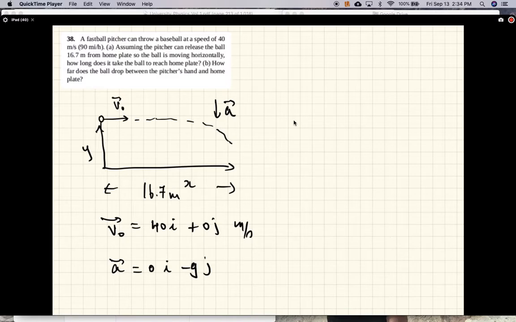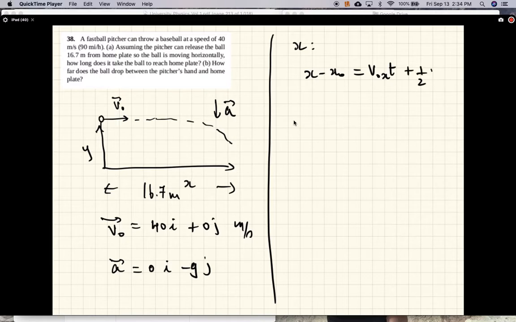Alright, so in this problem, let's look at the x motion. x minus x naught is v naught x t plus 1/2 a x t squared, and the x component of the acceleration is 0, so this term is 0. Initial position is 0, x, where it reaches home plate, is 16.7 meters away, and that should be 40 meters per second times time.